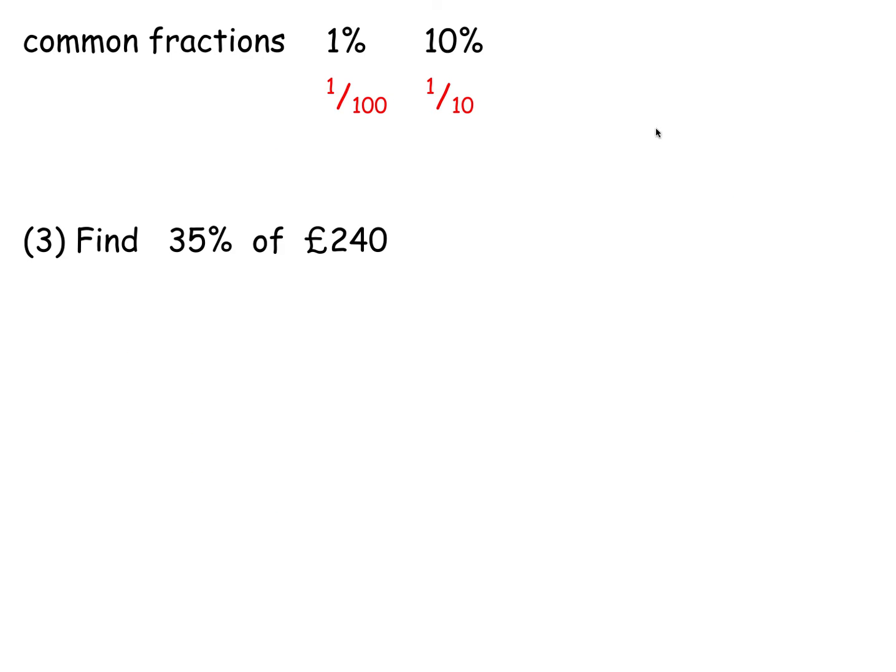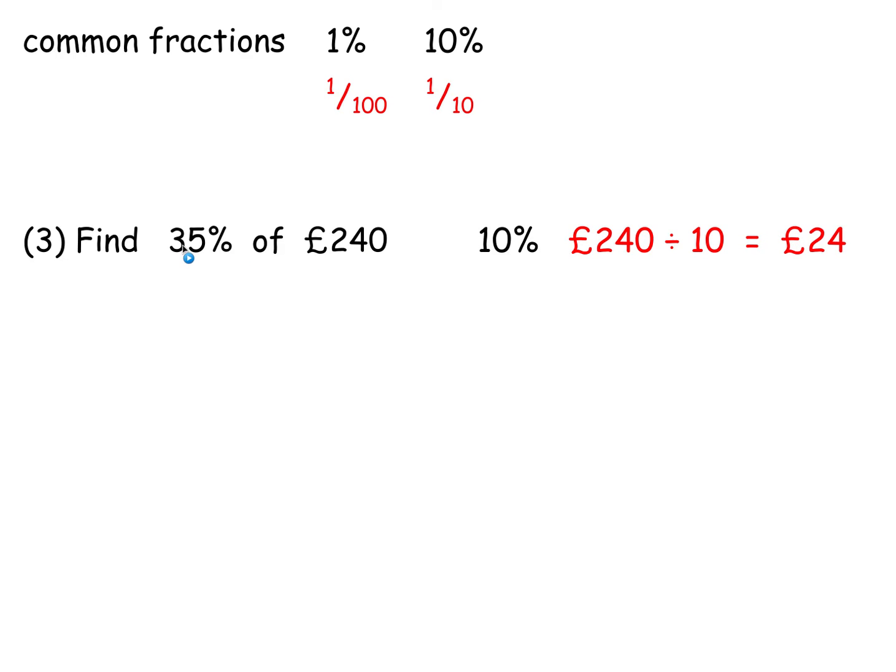Second method is based around 10% being 1/10th. So if you want 10%, divide by 10. And then you can multiply up the 10% for whatever percent you're after. In this case, we're after 35%. We can get 10%, divide by 10.